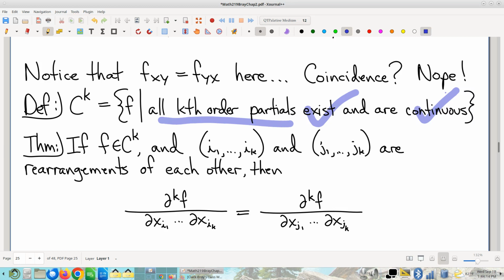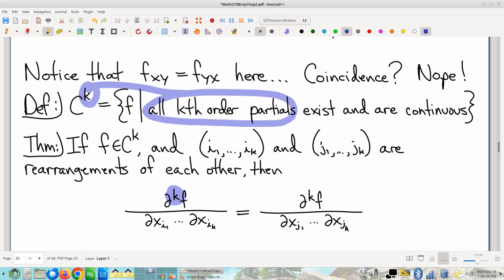Okay, so now specifically the notation for this: if you want to conclude something about kth order partials, then you need the function to be C^k, which means you have to check up to the kth order partials. That superscript in the notation is an indication of how many partials you need to check.